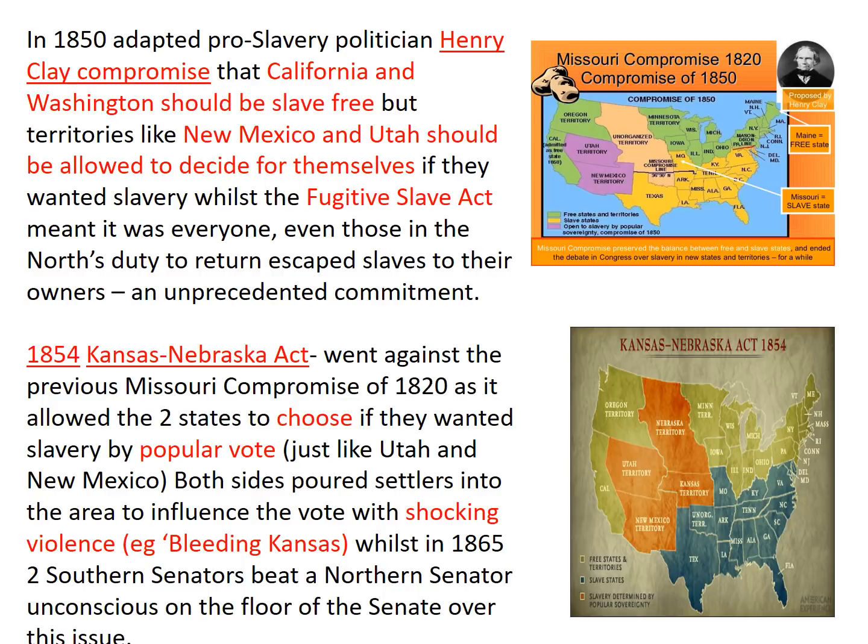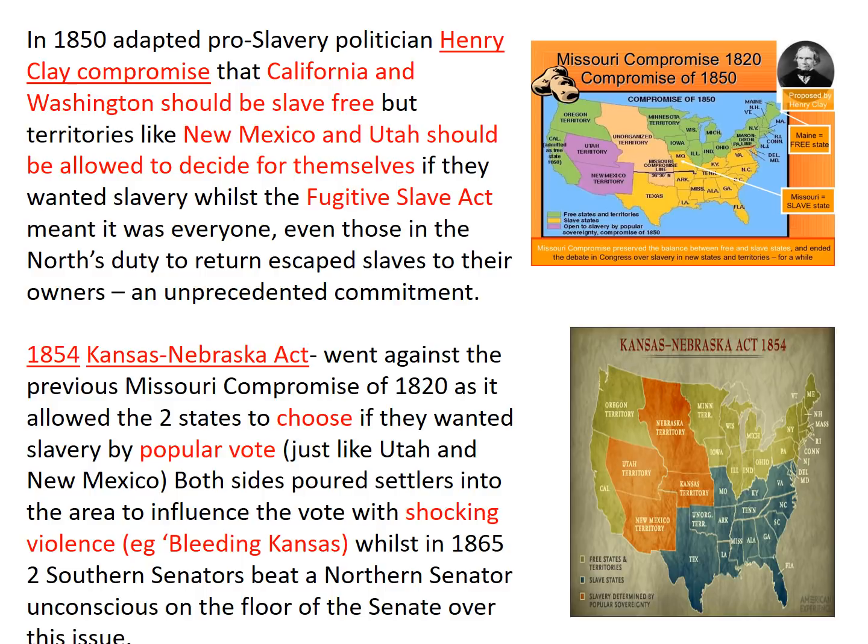Right, now the South tried to fight back, and in 1850 we got the Henry Clay Compromise. California should be free, but the new territories like New Mexico and Utah should be allowed to decide for themselves. That goes against the previous agreements.